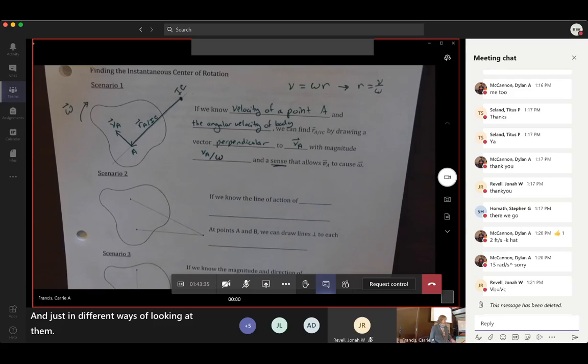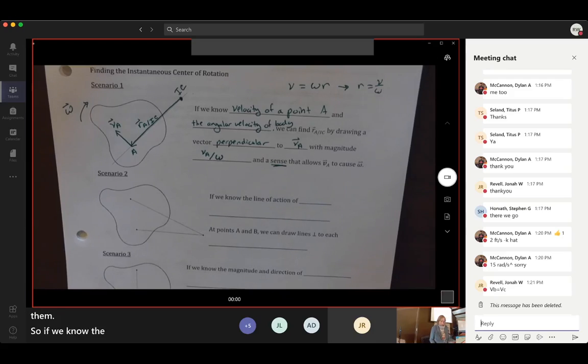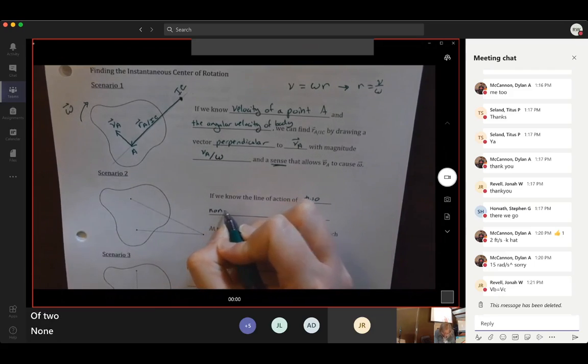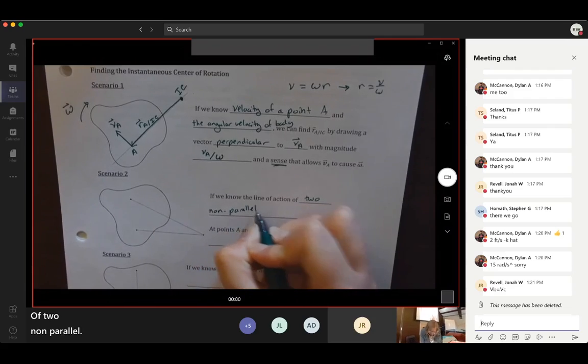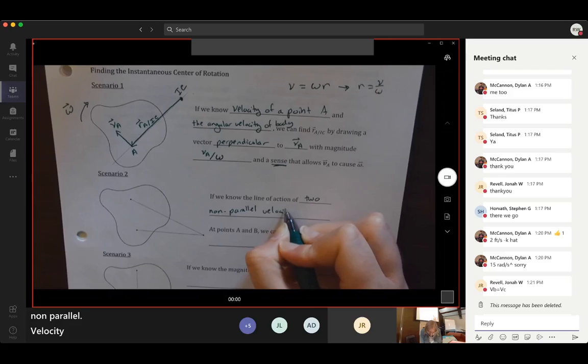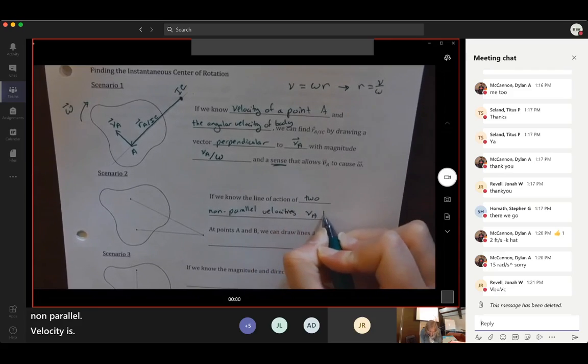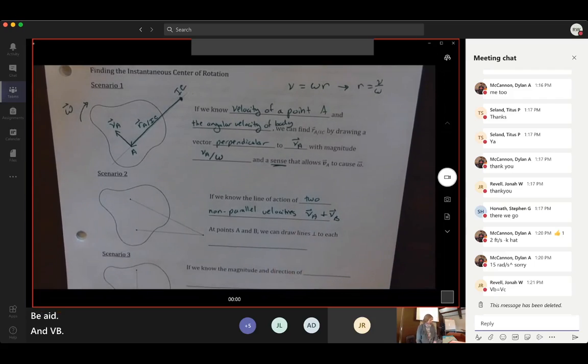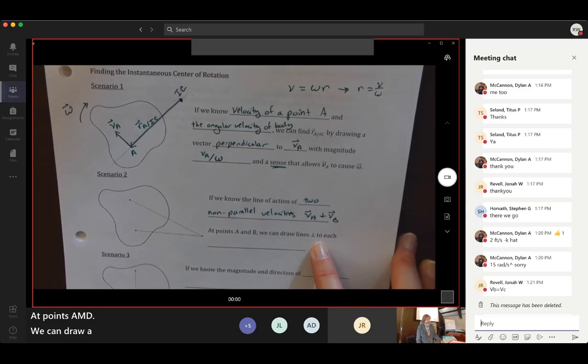So if we know the line of action of two non-parallel velocities, VA and VB, at points A and B, we can draw lines that are perpendicular to each velocity, and the instantaneous center will be at the point where they intersect.